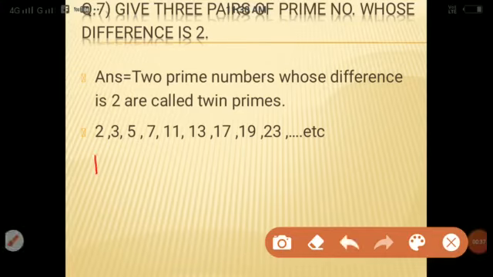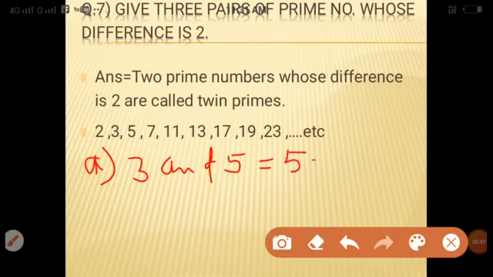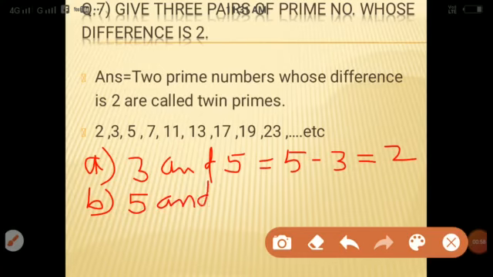So first I will take the first pair, that is 3 and 5. If we write, 5 minus 3 is equal to 2. Now the next pair is 5 and 7, that is 7 minus 5 is equal to 2.